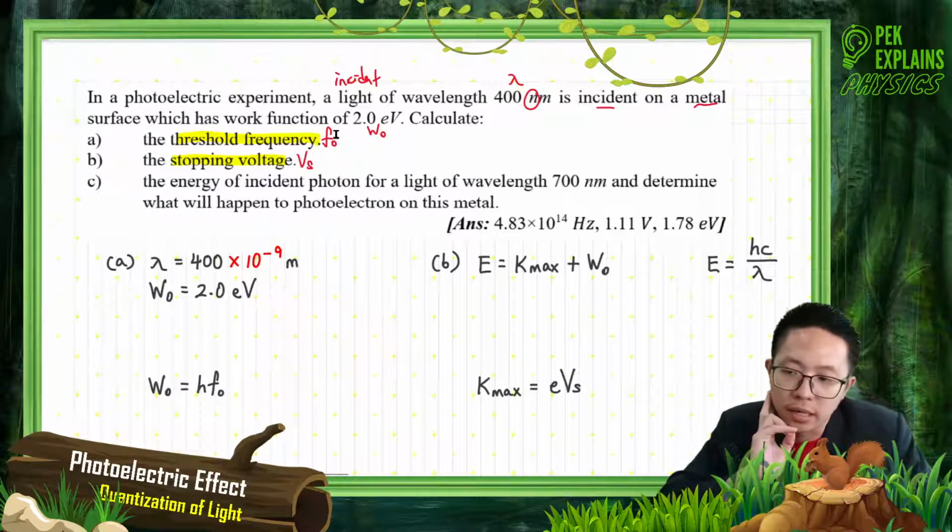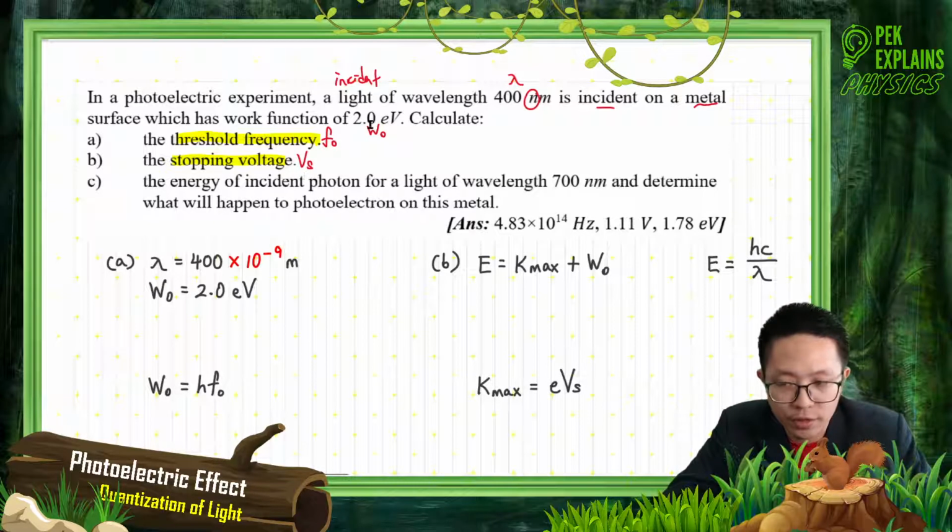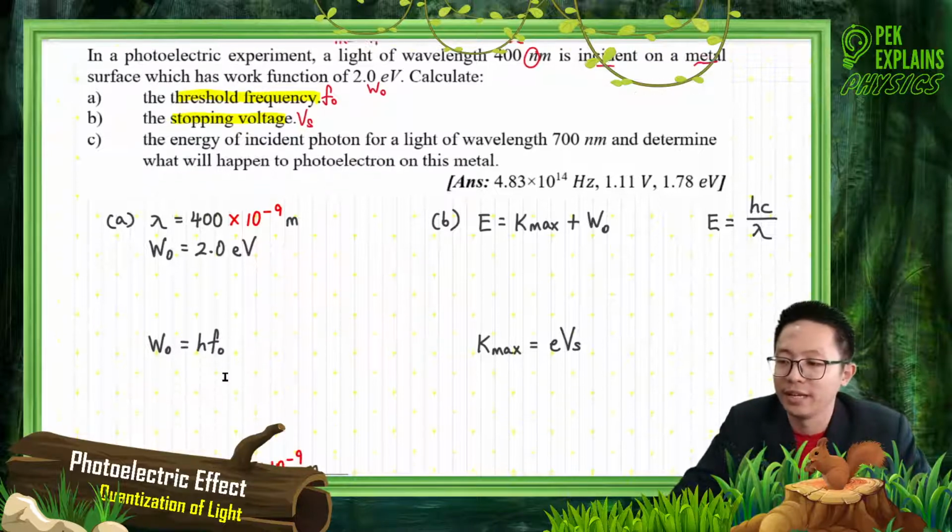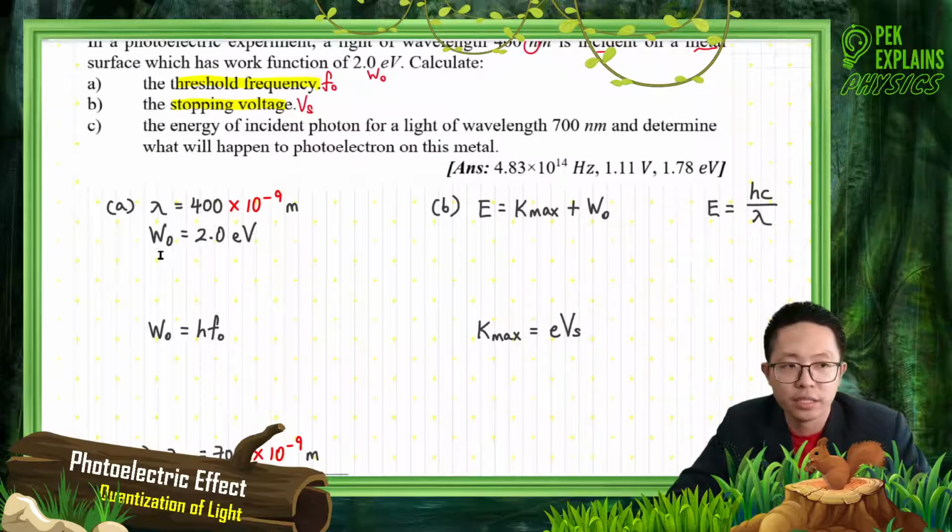Since we already have the work function W naught, we can straight away find the threshold frequency, because W naught equals H F naught. The work function is already equal to H times the threshold frequency.